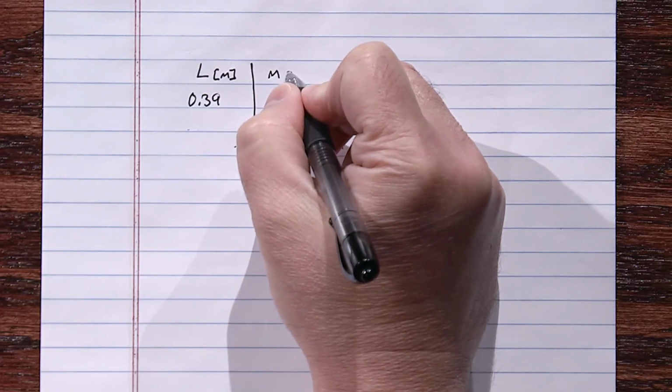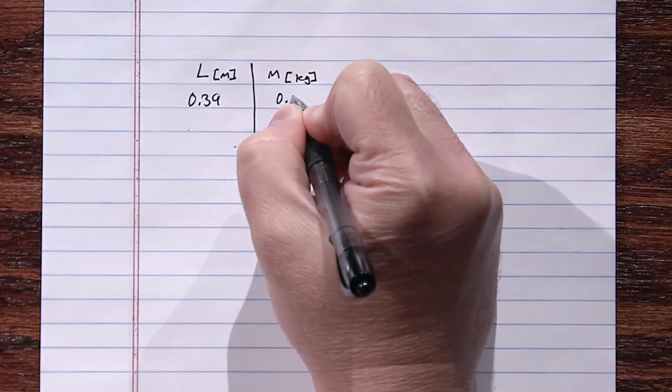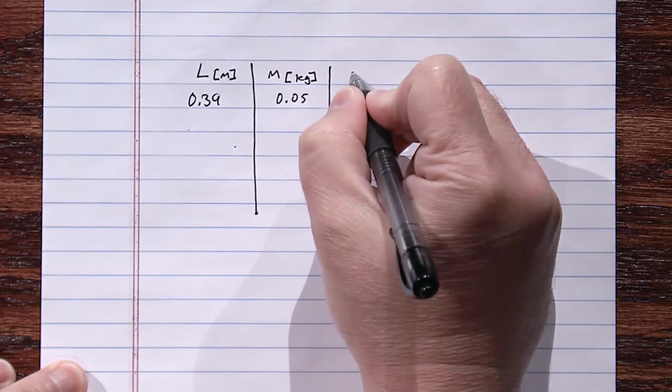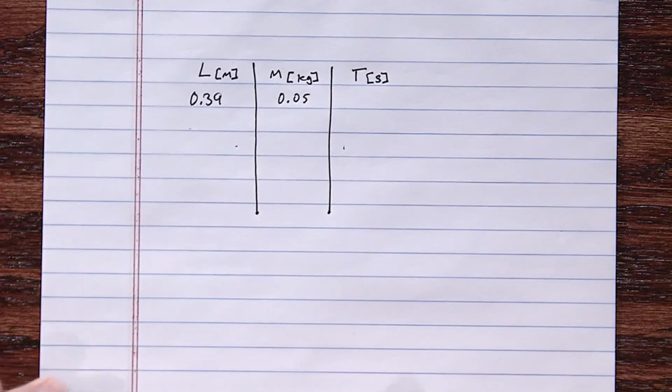So mass in kilograms is 0.05. And I will measure the time in seconds. Actually, what I'll do is, as I did last time, I'll measure the time for 10 oscillations, and then I'll just divide by 10. So I'm actually going to write down the period this time. Okay, so remember that an oscillation is a swing back and forth. So one oscillation is one back and forth.